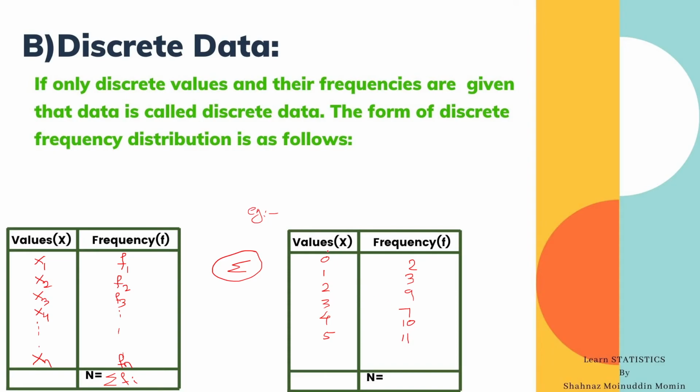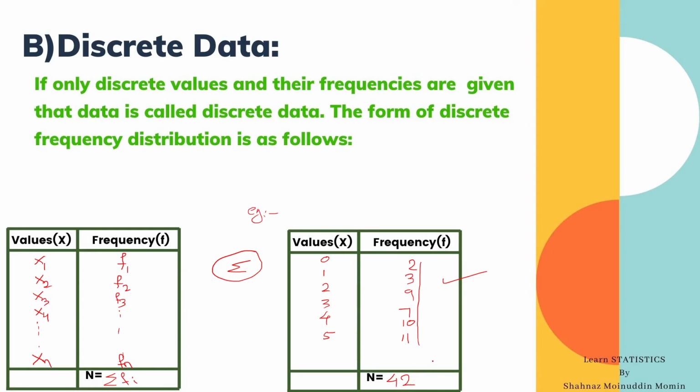Here the distinct values and their frequencies are given. Hence this data is discrete data. Here the total of the frequencies comes out to be 42.